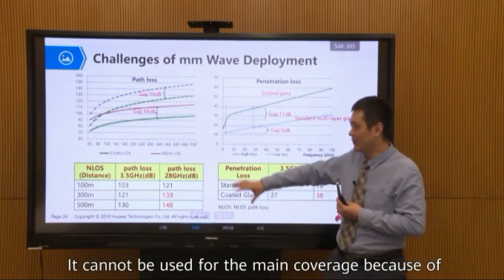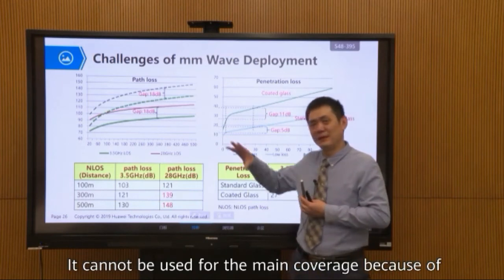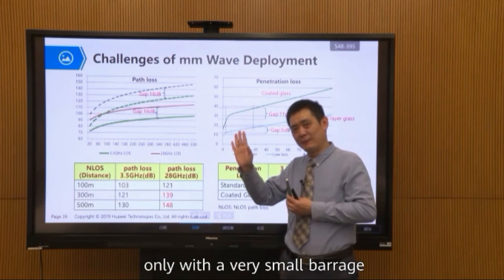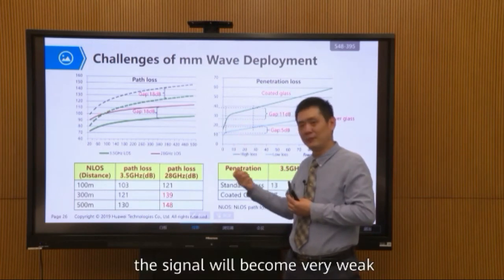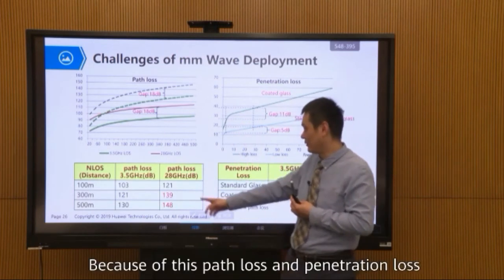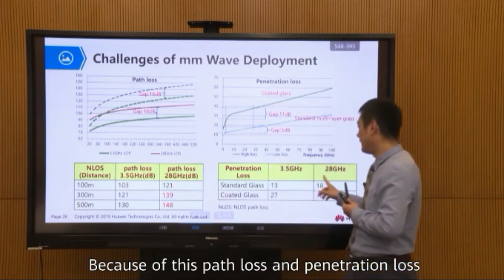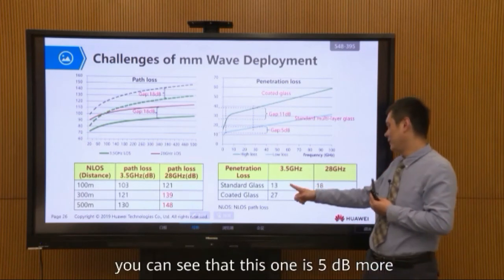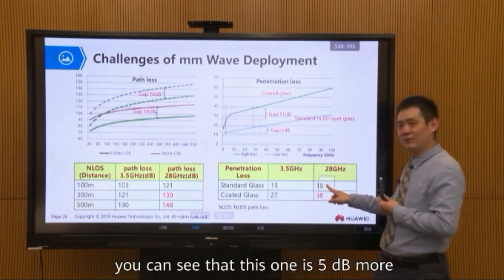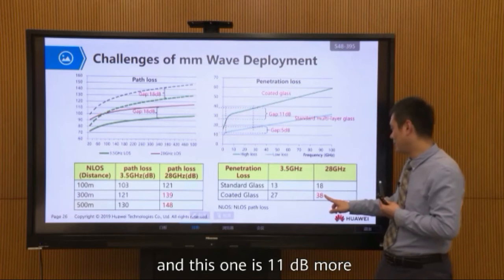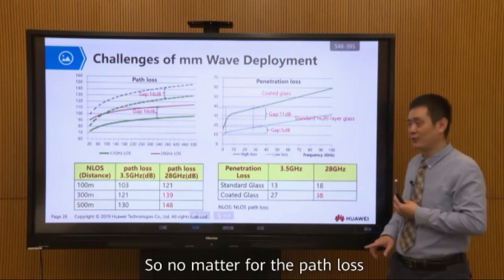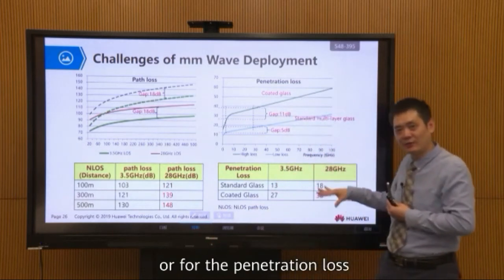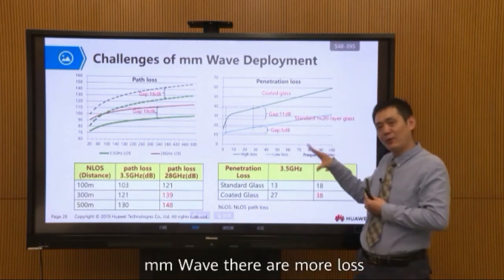It cannot be used for the main coverage because of only a very small coverage range, the signal will become very weak because of this path loss, and penetration loss is also very much. Penetration loss, you can see that this one is 5 dB more and this one is 11 dB more. So no matter for the path loss or for the penetration loss, MM wave has more loss.